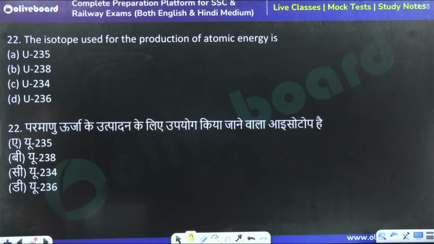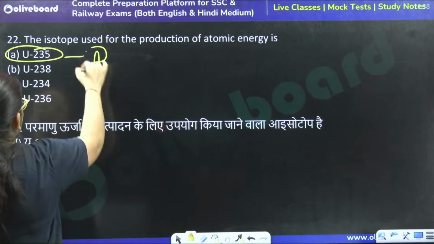Uranium-235 is a fissile isotope. Okay, the correct answer is uranium-235.